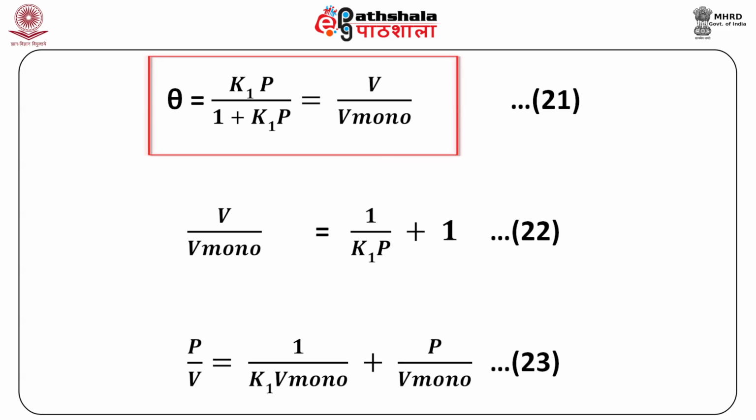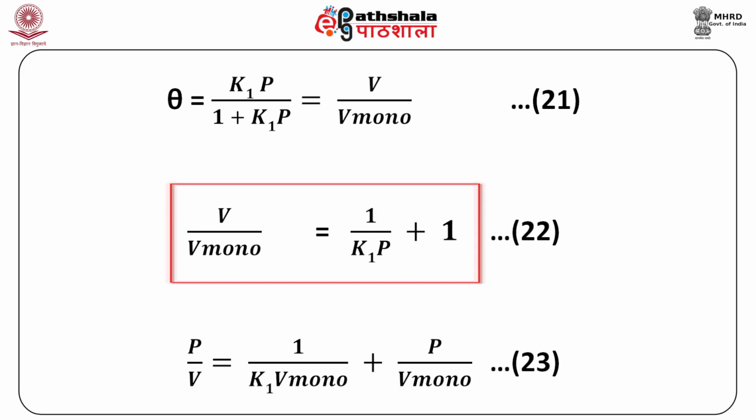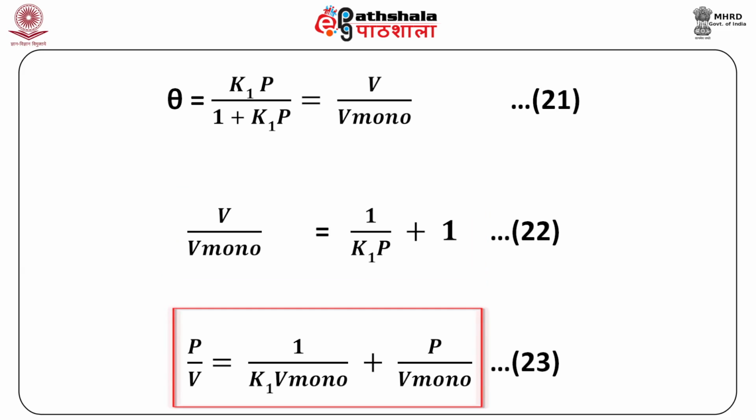Thus, we have theta equals K1P upon 1 plus K1P equals V by V mono as our equation 21, or V by V mono equals 1 upon K1P plus 1 as equation 22, or P by V equals 1 upon K1 V mono plus P by V mono as equation 23.